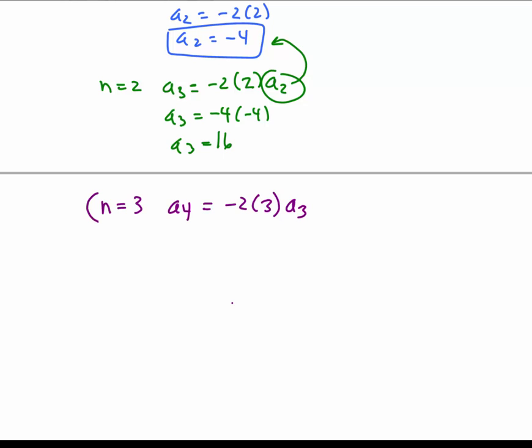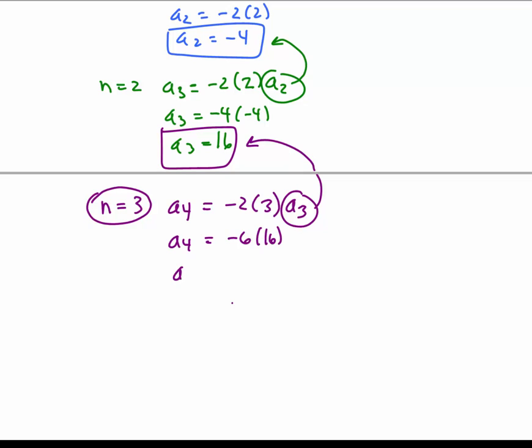So I'm going after this value of 3 to find a sub 4. So a sub 4 would equal negative 6, and then the negative 3 is right here. I kind of jump back, and then I can plug in my value for 16. So a sub 4 would equal negative 6 times 16, which is negative 96. And I could keep kind of just going on and creating these values.